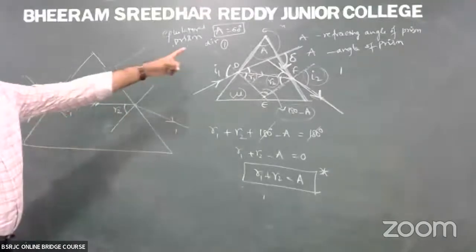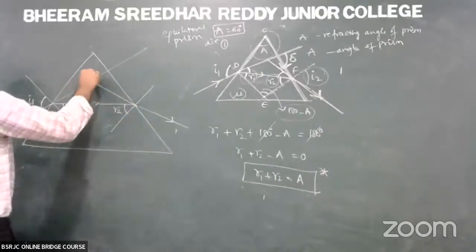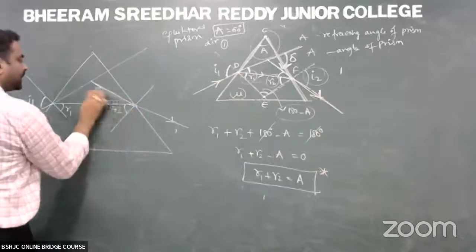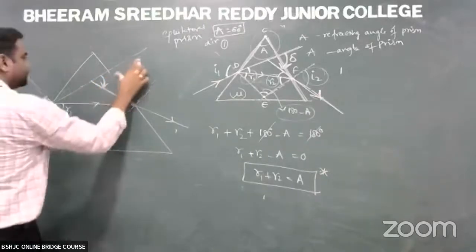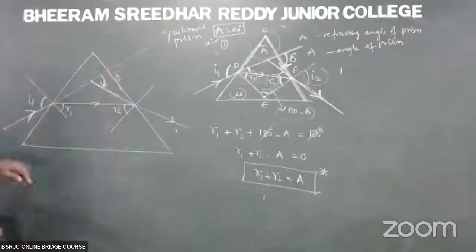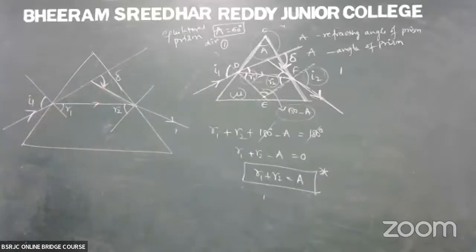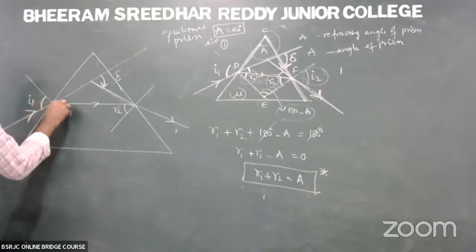Extending the incident ray and extending the refracted ray, the final ray, this angle we call the angle of deviation. Clear?